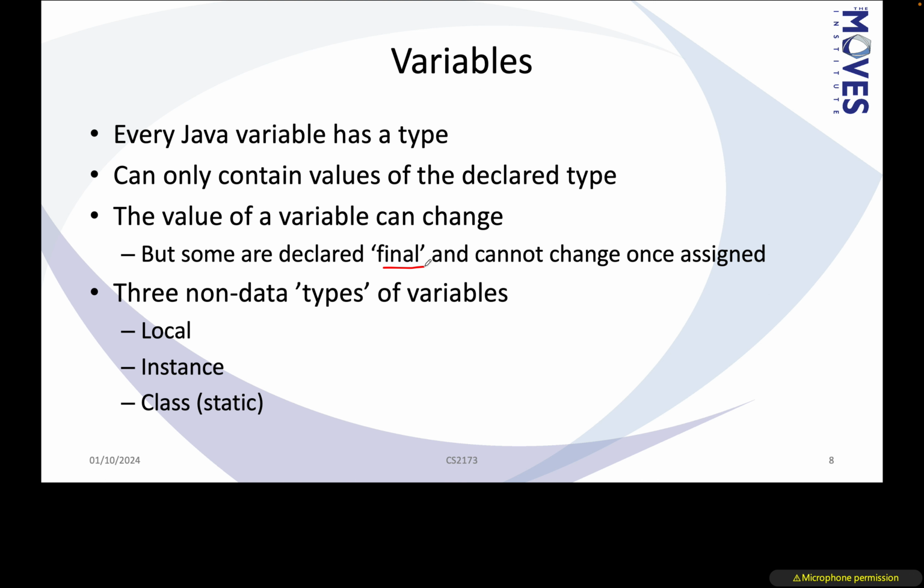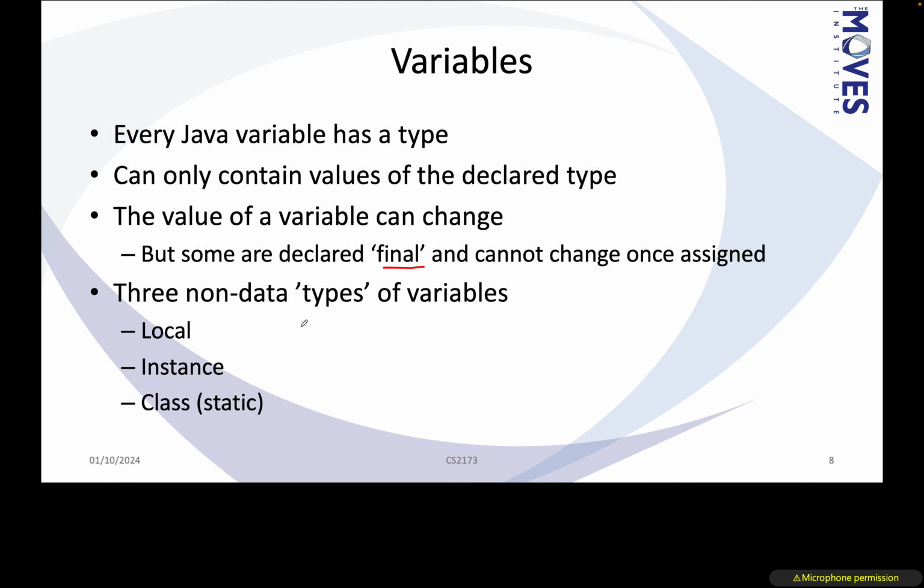After that, the compiler will not allow any other assignments to that variable. You might say, well, why would you want to do that? Well, there are reasons for that. Now, that's each variable, which is either one of the 8 primitive types or an object type.